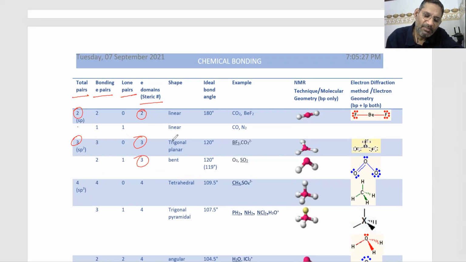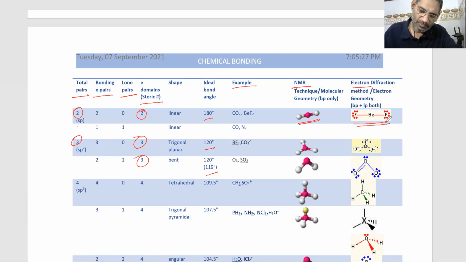And what will be the shape of the molecule, what will be the bond angles, and what examples show sp, sp2, sp3d hybridization. And I'll explain this NMR and electron diffraction method also, that is electron geometry and this is molecular geometry. Here you consider only bond pairs, and here bond pairs as well as lone pairs both.